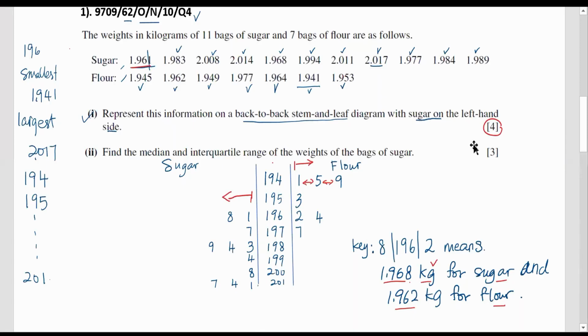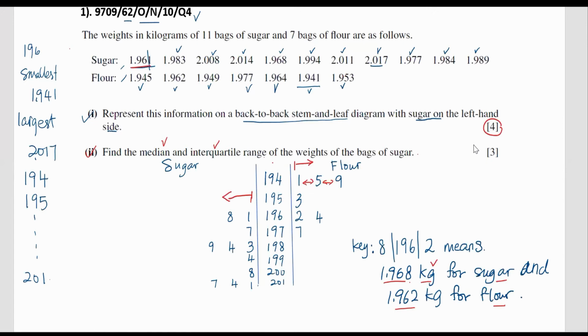All right, so now we look at part 2. Find the median and interquartile range of the weight of the bags of sugar. Usually exam questions ask you to find this info, median and interquartile range, after asking you to draw the stem and leaf diagram.